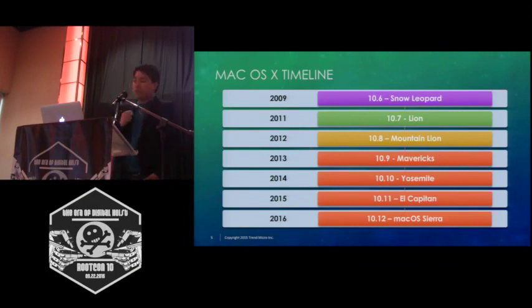For example, with its installer package, the PKG file, three or five years ago the contents and structure were different compared to now. Even their binary file, the Mach-O file, still evolves, and its structure is modified from time to time. And of course, as we all know, Apple recently released macOS Sierra.